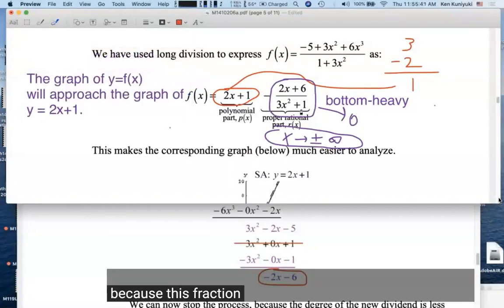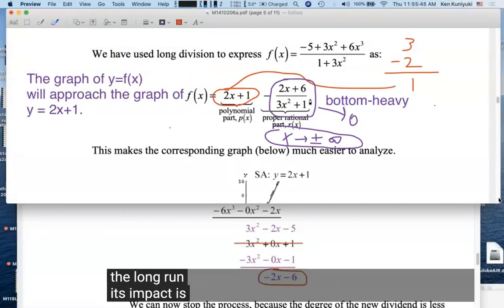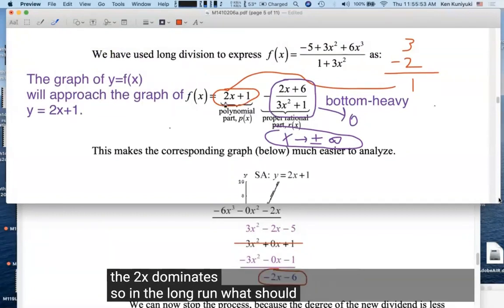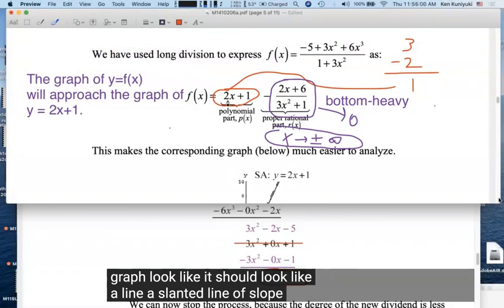Because this fraction piece either is 0 or it's going to approach 0 in the long run. Its impact is going to die, and the 2x plus 1 dominates. Really, the 2x dominates. So in the long run, what should this graph look like? It should look like a slanted line of slope 2.